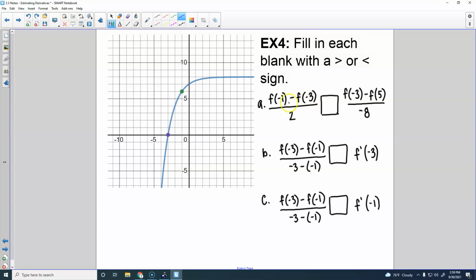what are we finding when we see f of negative 1 minus f of negative 3 over 2?